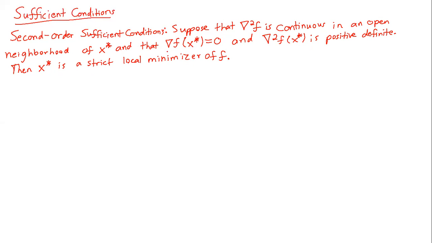So maybe I check this and this at different points, and if I find points where both are true, I already know this is true. So you can see how this starts to build toward algorithms.